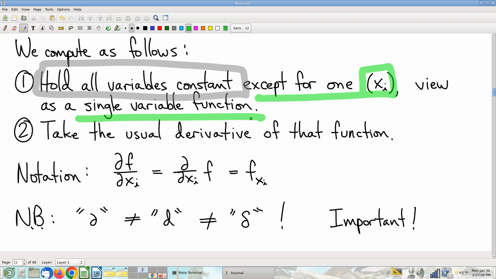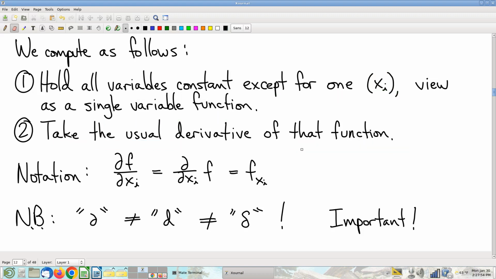Is that cool? Is everybody with me so far? These are arbitrary choices, and again, we have to deal with the consequences of these arbitrary choices. But nevertheless, we've turned a multivariable function into a single variable function. And once you have a single variable function, just take the usual derivative of that single variable function. This is what a partial derivative is.